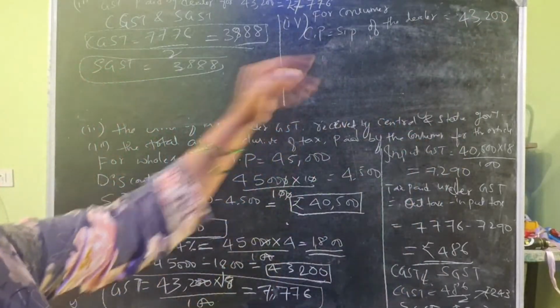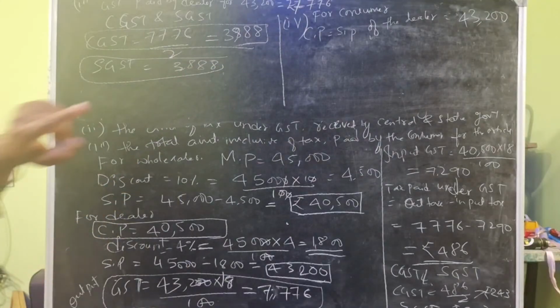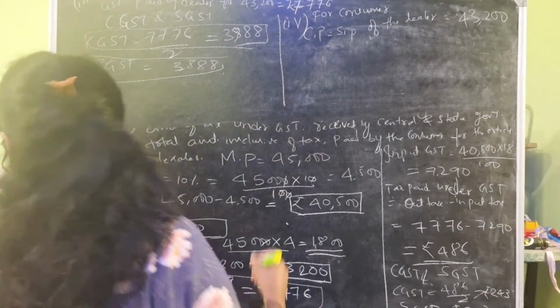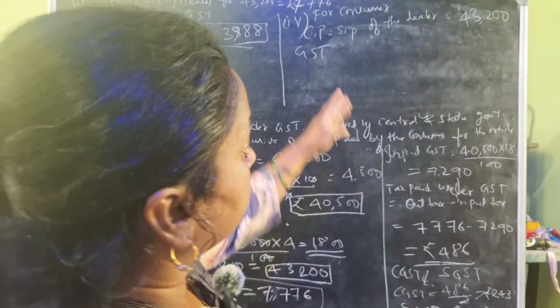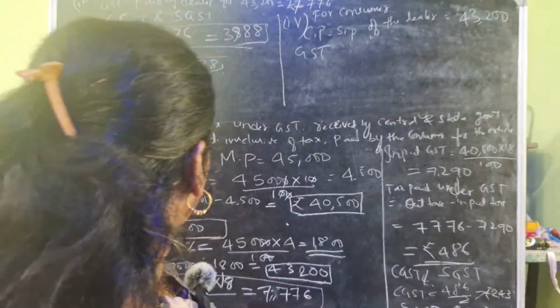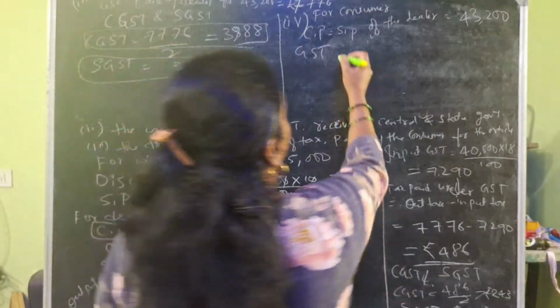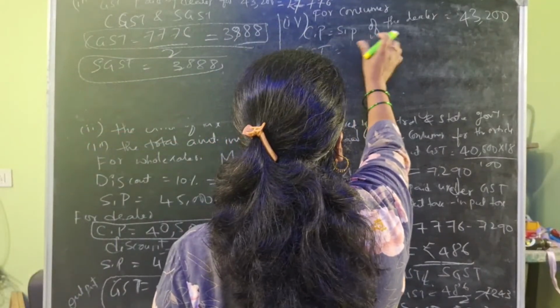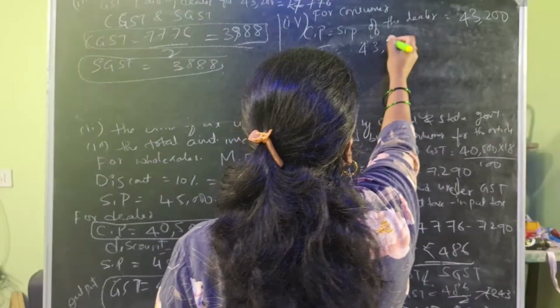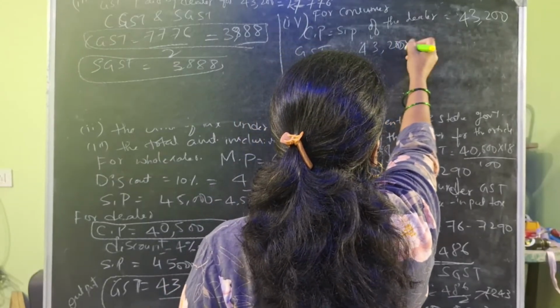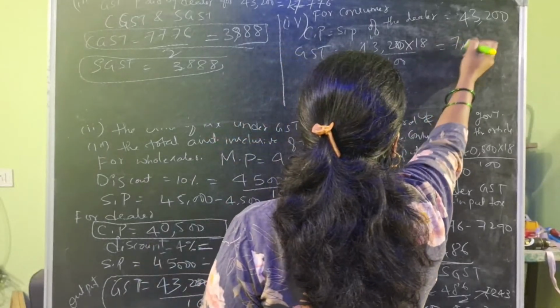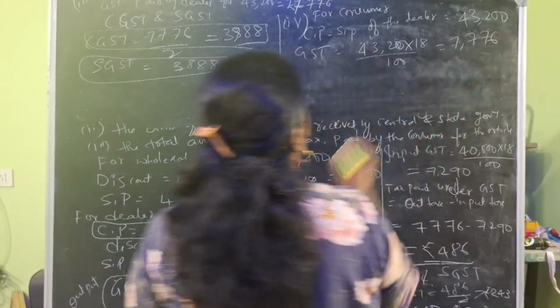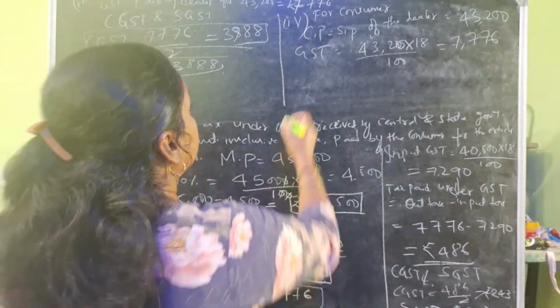So the cost price for the consumer is 43,200. And the GST we have already calculated for this price, that is 43,200 of 18% divided by 100, which is equal to 7,776. So this is the GST amount.